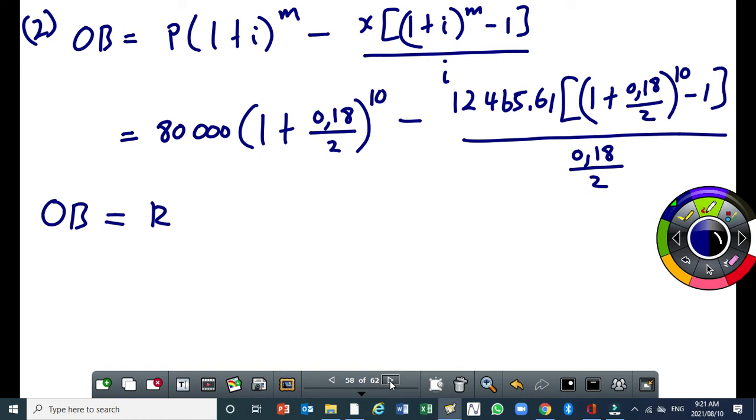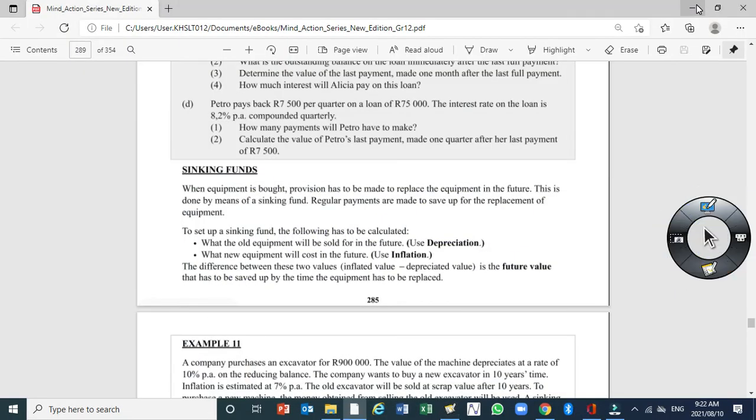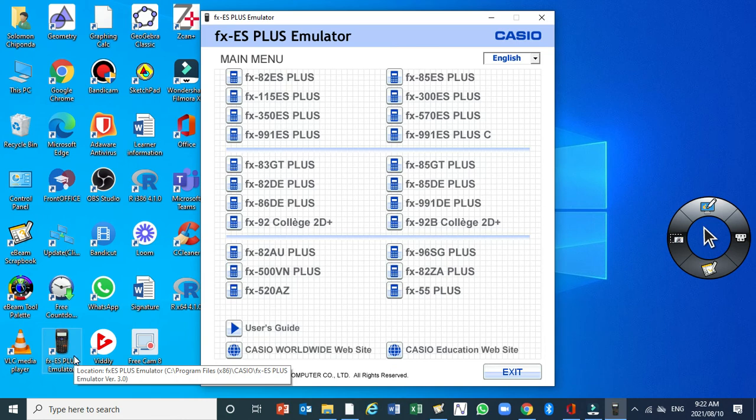What I can do, I'm not confusing you. The outstanding balance is not supposed to be a negative answer. It means the question in terms of the textbook can be wrong. Allow me to use my calculator to verify your answer.